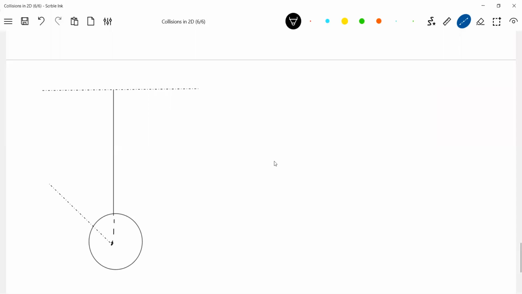Okay, let's take the other example. These are the two spheres.